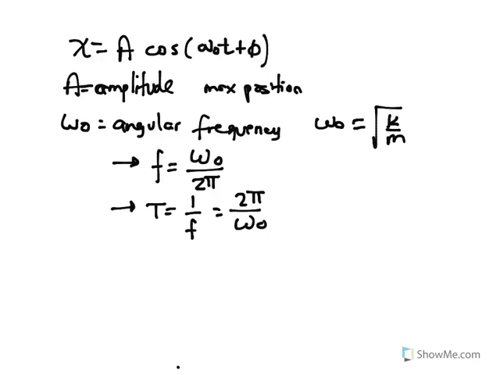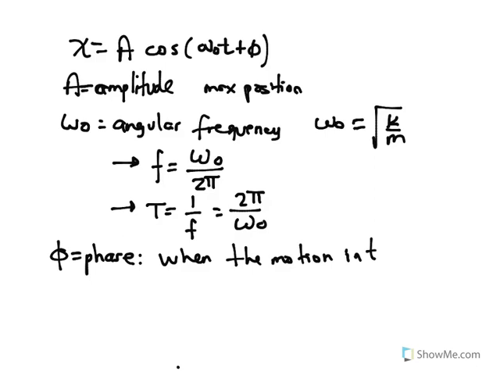And phi is going to be called the phase, and the phase is when the motion at time equals 0 is not at x equals the amplitude. So the meaning of this is when the motion does not start exactly at the amplitude, there is a phase.